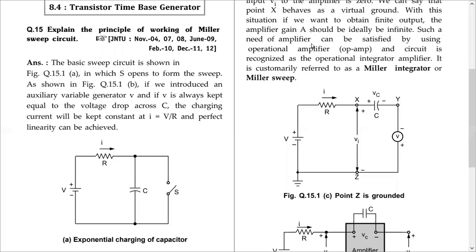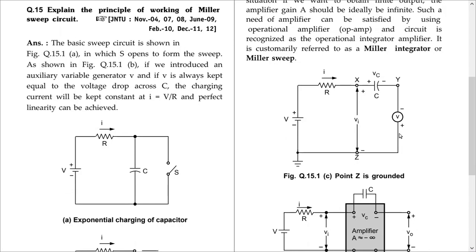The trick is this. Here we have some voltage VC. If we maintain the same voltage here, the net voltage from X to Z will be VC minus VC, which is 0. So the current we get here will be simply V by R, because there is 0 voltage.